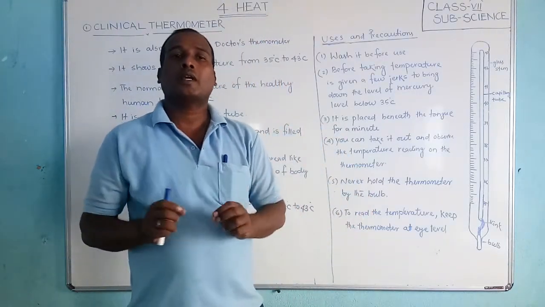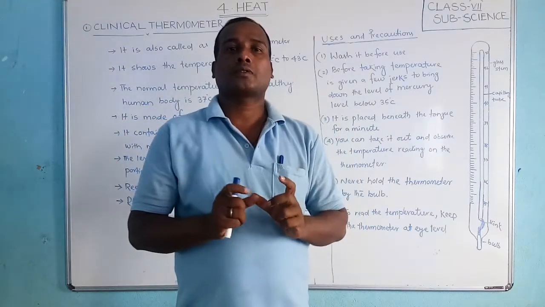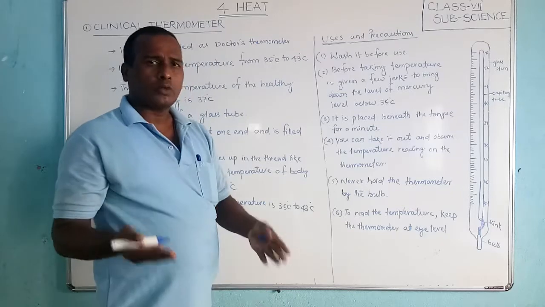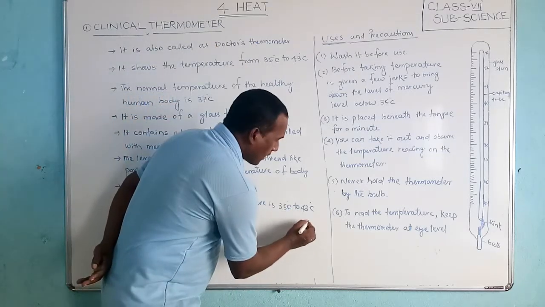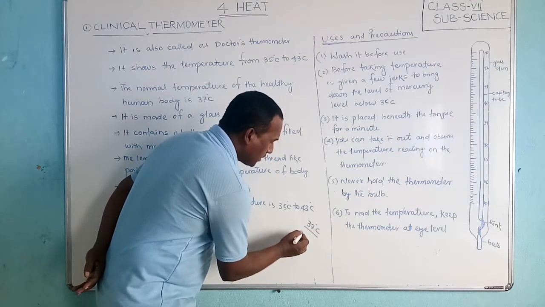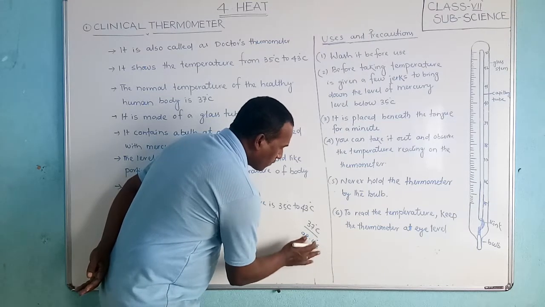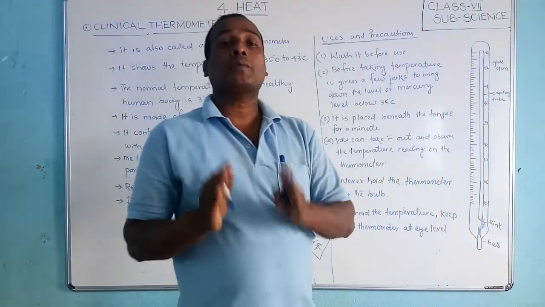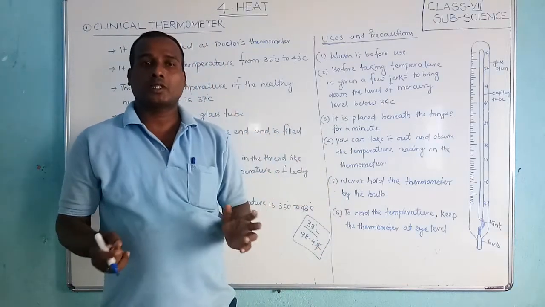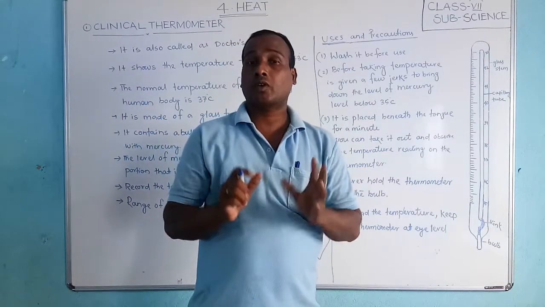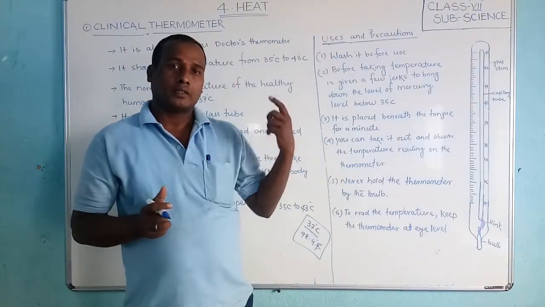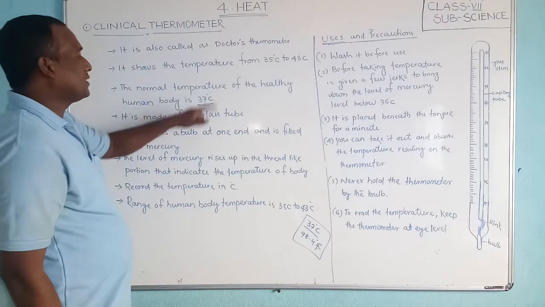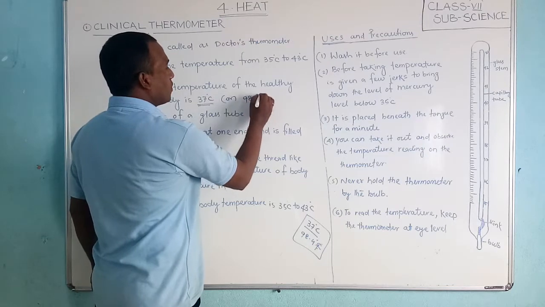If there is no fever or cold, it will show the temperature of a healthy person, 37 degrees Celsius. The unit of temperature is degree Celsius, or we can also say Fahrenheit. 37 degrees Celsius is 98.4 degrees Fahrenheit, generally about 98.6 degrees Fahrenheit. So the normal temperature of a healthy person is 37 degrees Celsius, or 98.4 degrees Fahrenheit.